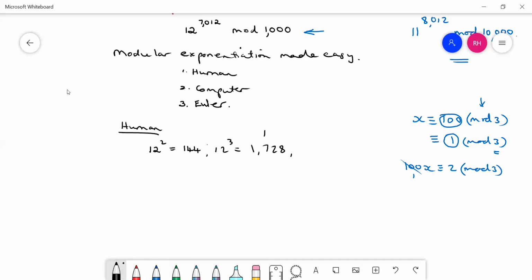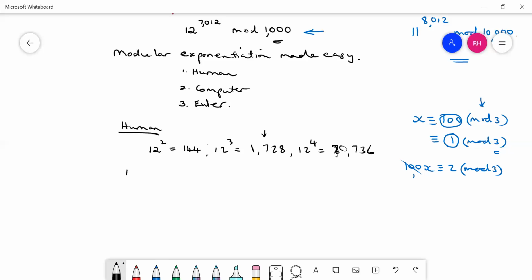Okay, let's go back to black. I know this one here, I can just change it because we're doing mod 1000. This is just 728, which is a little bit lower than 1,000, but I can probably do better by just going to 12 to the 4. So 12 times, 2736. So that modulo 1,000 would be 736.